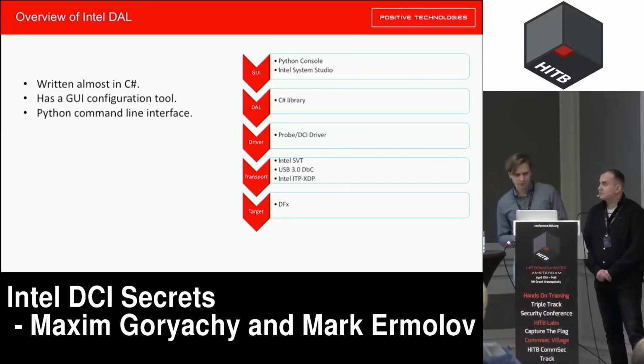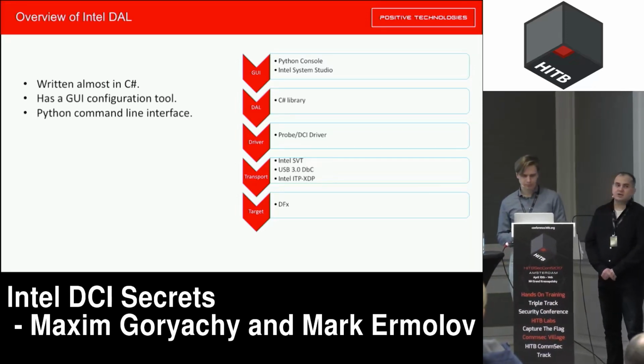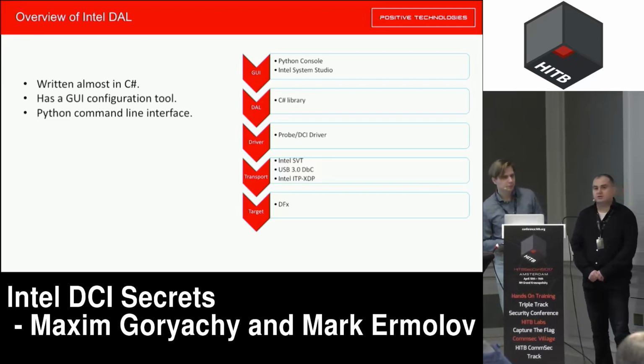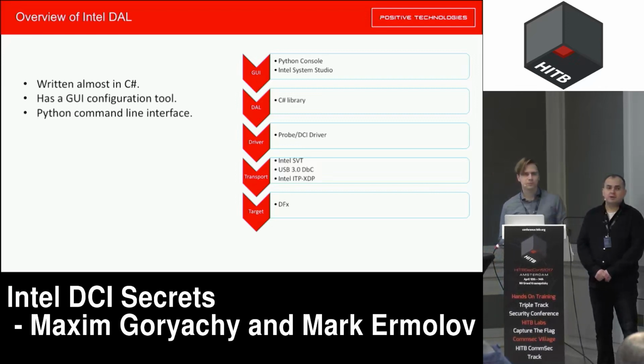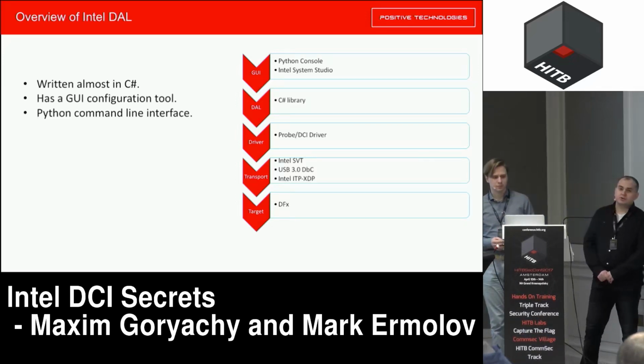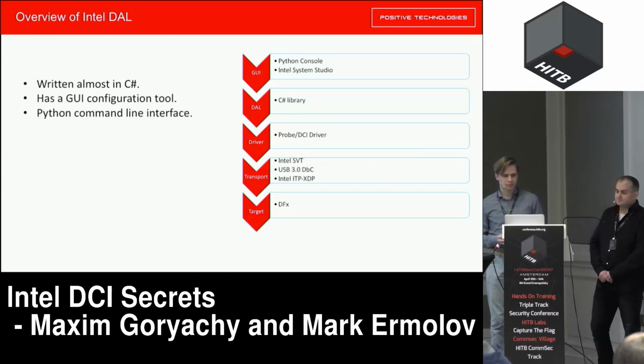DAL is mostly written in C# and has a strong structural arrangement. The main job of DAL is to construct binary packages according to some proprietary protocol, which are sent to hardware probes connected to the platform's debug port.